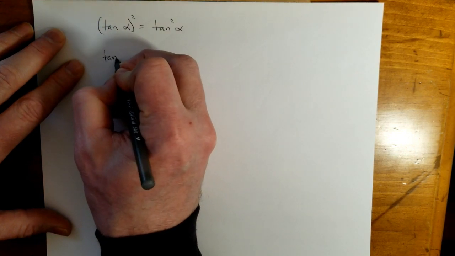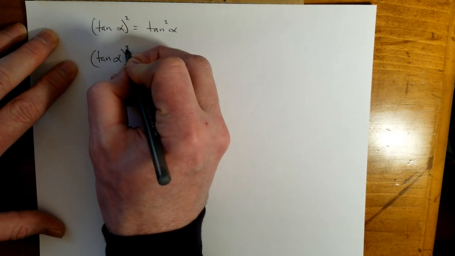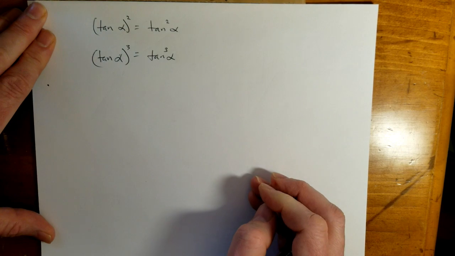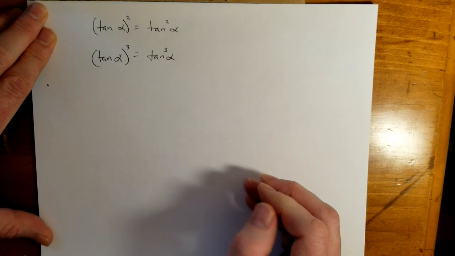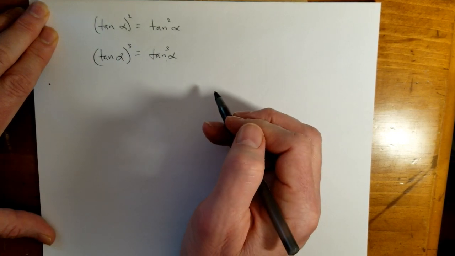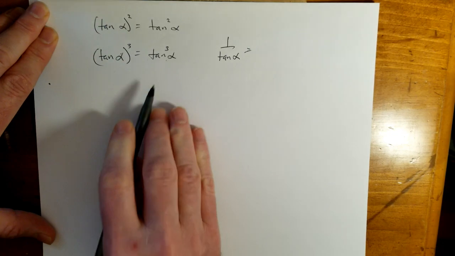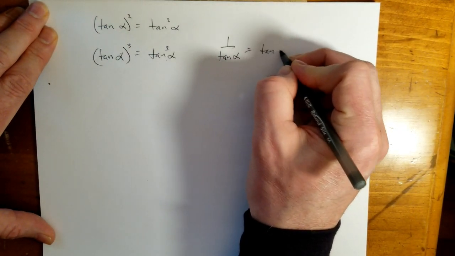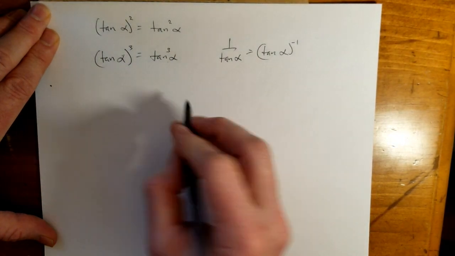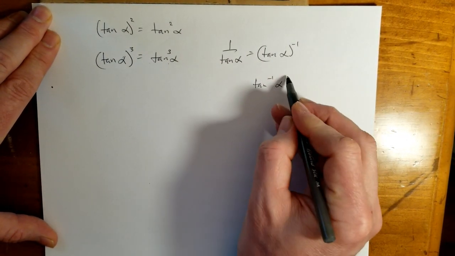If I have tan alpha cubed, it's written as tan cubed alpha, and it's understood that this means I'm taking the tangent of alpha and cubing it. But if I want 1 over the tangent of alpha, using exponential notation, that is tangent of alpha to the -1. But it's not written as tan -1 alpha.